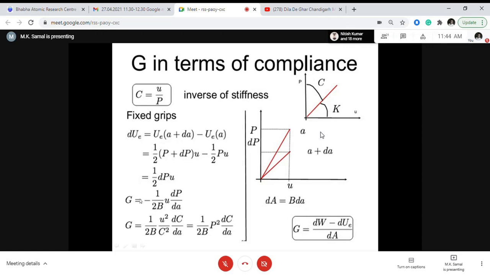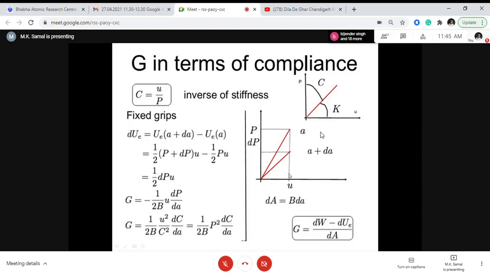If you substitute the change in strain energy, you get minus 1 by 2B U dP by dA, because the dA term comes to the denominator. And this dP by dA we write in terms of compliance. We know that compliance C equals U by P, so I can write P equal to U by C. When I differentiate P with respect to the crack length a, U is not changing because it is the fixed grip condition.